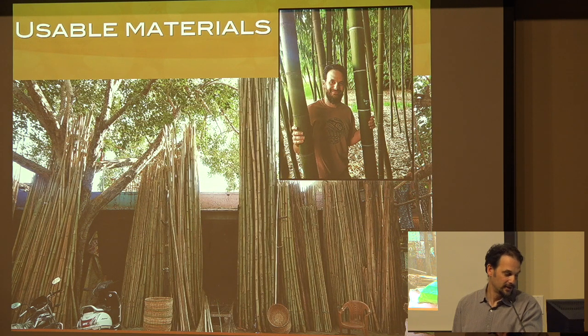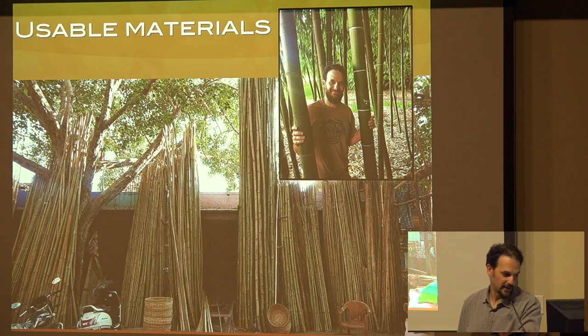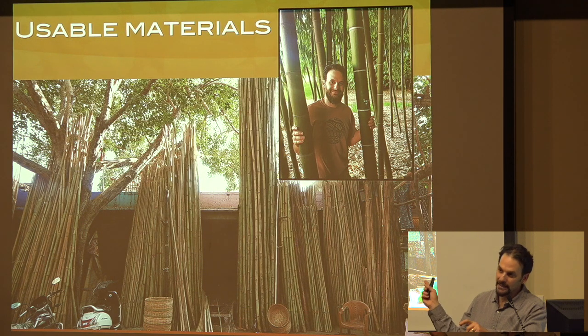So this is actually a picture I took, I think, in Jodhpur, India. And the thing I didn't get a picture of is the ladders. So here we think ladders, we think metal. In India, they think ladders, bamboo. Everybody has bamboo ladders. They sell them on the side of the street, these long, tall ladders made out of bamboo.